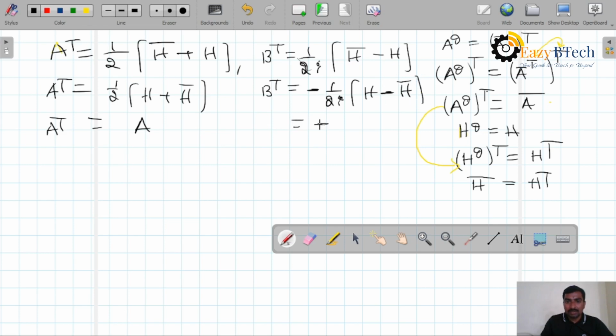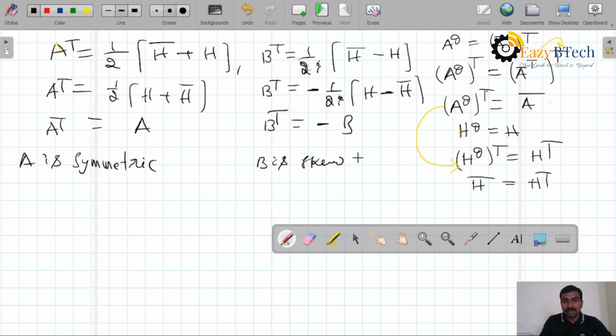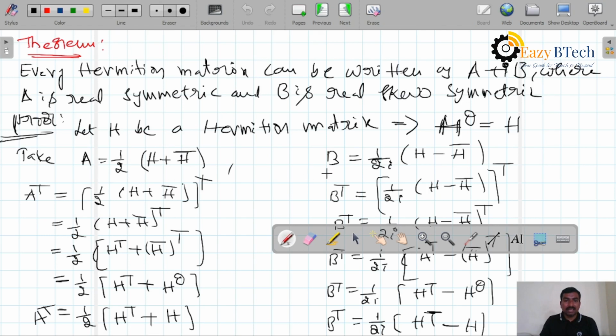This is equal to minus B. Therefore, B transpose equals minus B. Therefore, A transpose equals A means A is symmetric, and B transpose equals minus B means B is skew symmetric. So now just see the previous page, this is A and this is B.